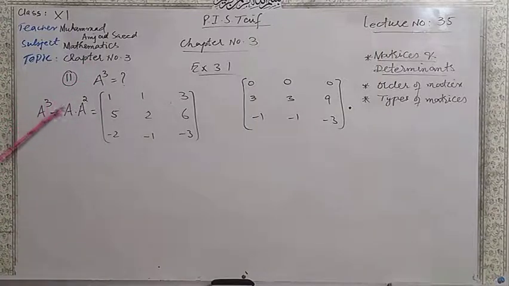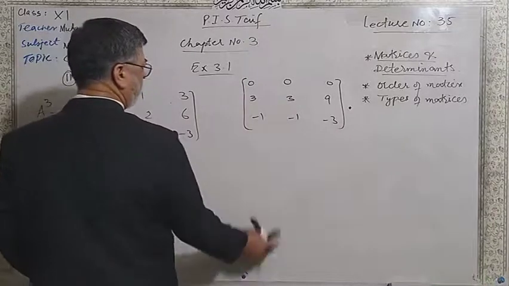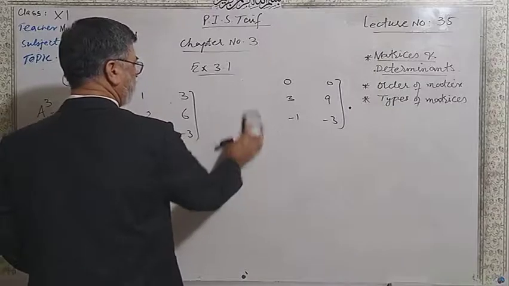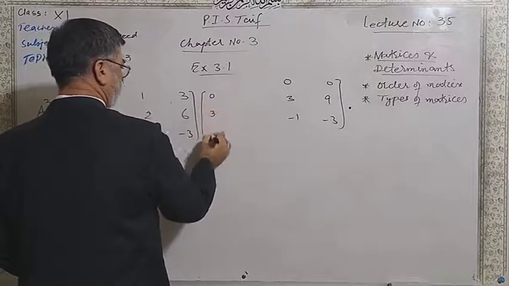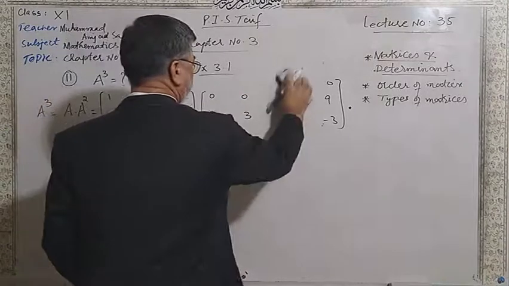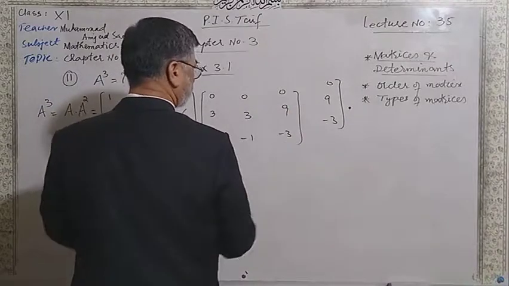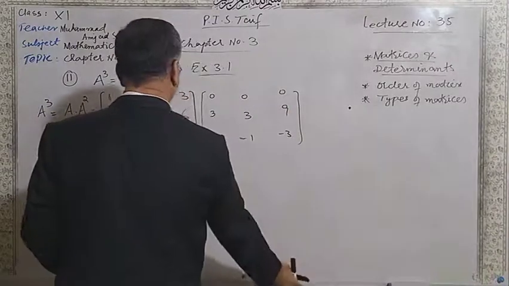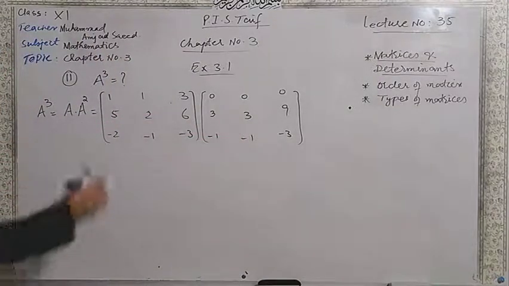A cube is equal to A into A square. So we have 0, 3, minus 1, 0, 3, minus 1, 0, 9, minus 3. Now we have to multiply these matrices again.